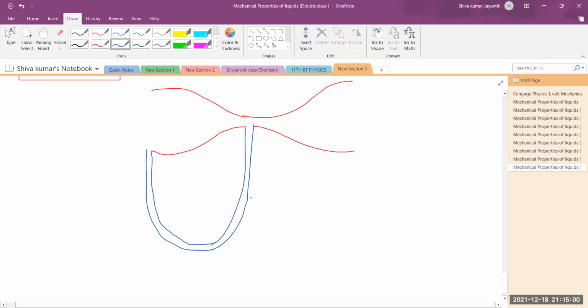Okay. So this is basically how the construction of a venturimeter is.